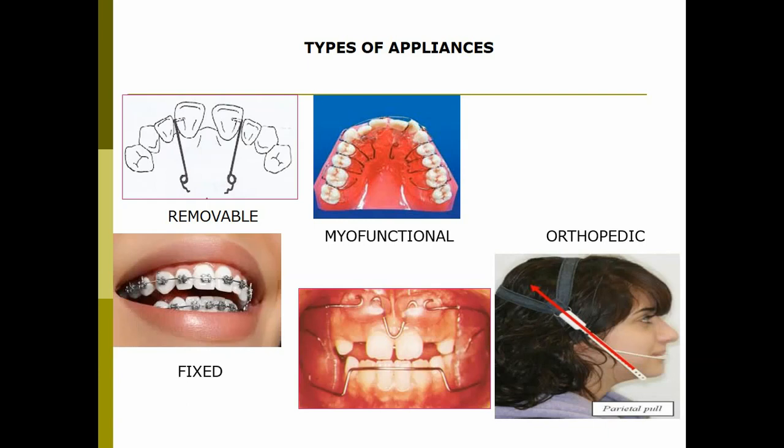The second type is your orthopedic appliances, which will apply heavy force onto your bones and hence mostly inhibit your growth of the jaws. So this particular lecture is on myofunctional appliances, where we are just going to modulate and improve the function of the muscles and redirect the growth of your jaw bones.